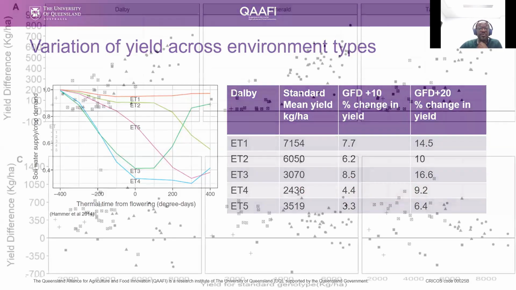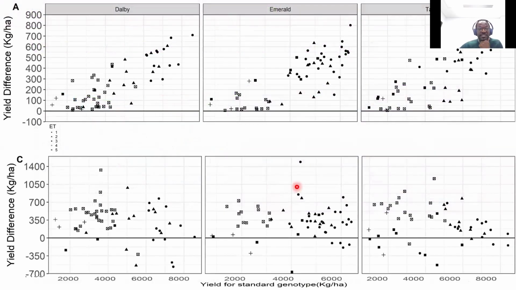So when we look across all the tested environments, that is 3 environments in Dalby, Emerald, and Tamworth, graph A shows when grain filling duration is increased by 10%. And then graph C shows when grain filling duration is increased by 10% and when flowering time is reduced.